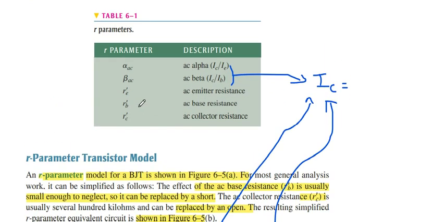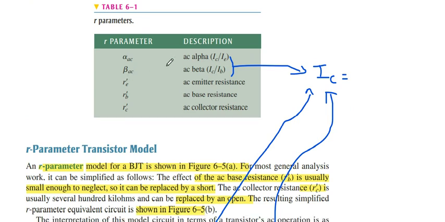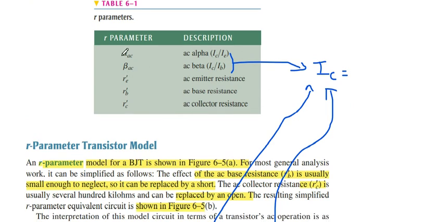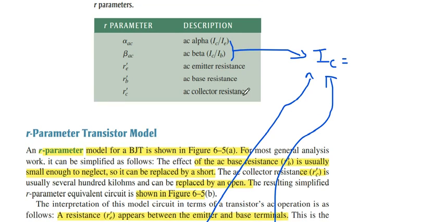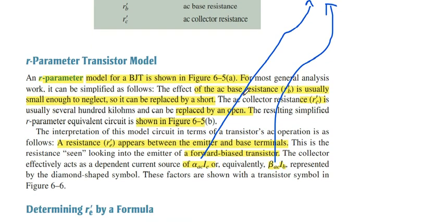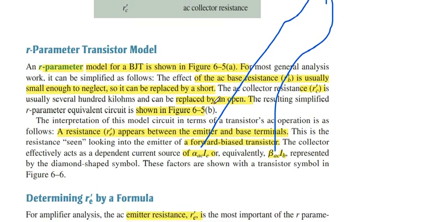These are the r parameters. So we remember all these r parameters: alpha AC, beta AC. Last time we discussed beta DC. Now we discuss beta AC, re, the AC emitter resistance, rb, the AC base resistance, and rc, the AC collector resistance. It also mentions everything there.